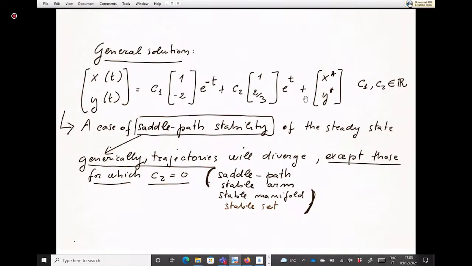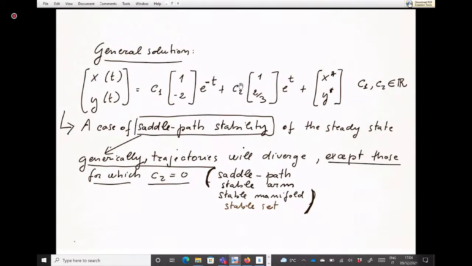I would say everything explodes for a simple reason. This goes to 0. This goes to infinity as t tends to infinity, plus infinity or minus infinity depending on C2, okay? So I would say this explodes. This is not completely true, because everything explodes unless we start from some set of initial conditions such that C2 is equal to 0.